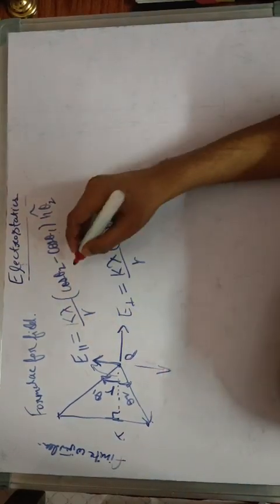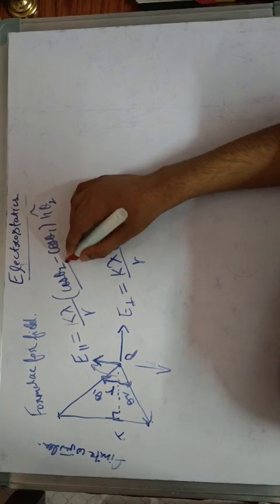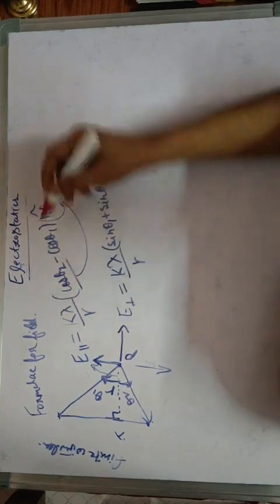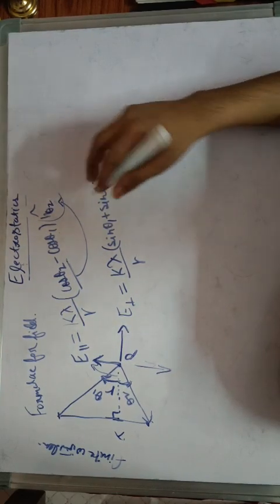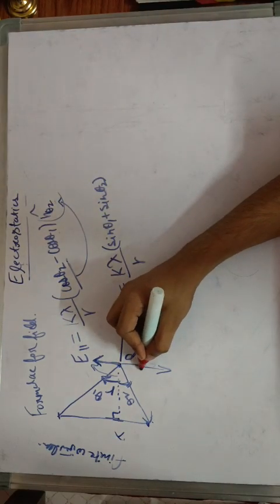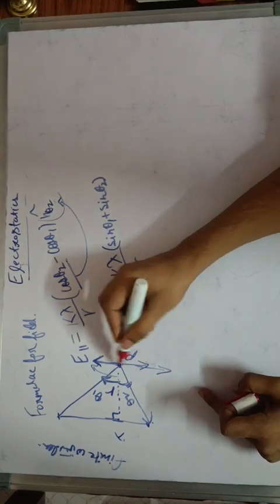So the angle from which I am subtracting cos theta 1, I will take the same as the unit vector. This unit vector, let's say n theta 2 cap, means a unit vector in the direction of theta 2, parallel to the line.